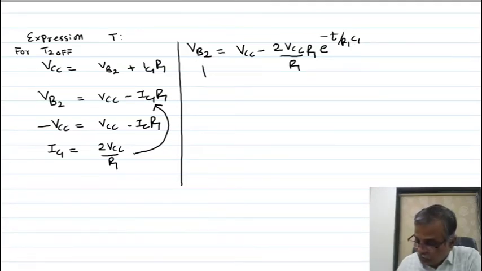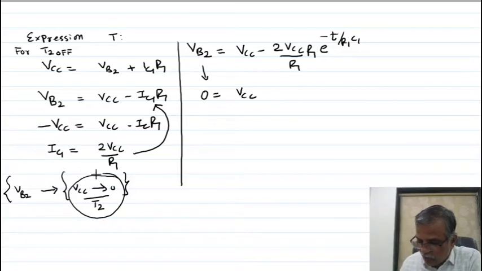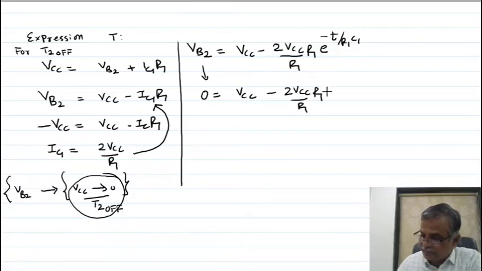Now this voltage becomes 0. VB2 is changing from VCC to 0 voltage, and during this time the transistor remains in off condition, so I should write T2 off. So that's why I am writing this equation in this way, e raised to minus T2 off.